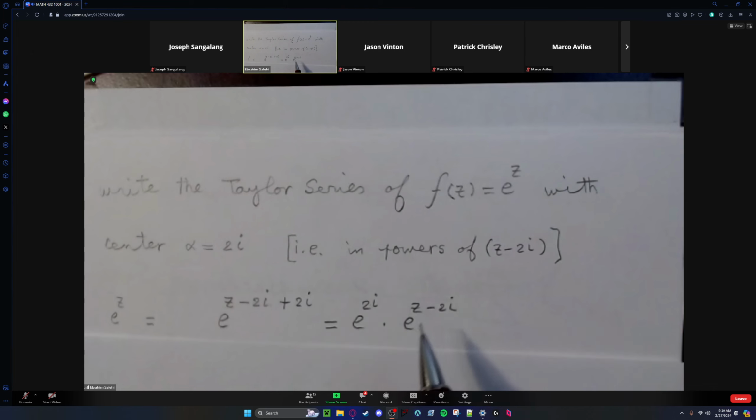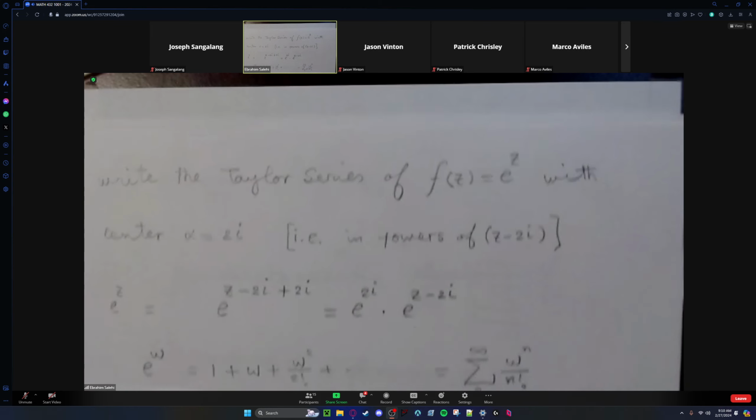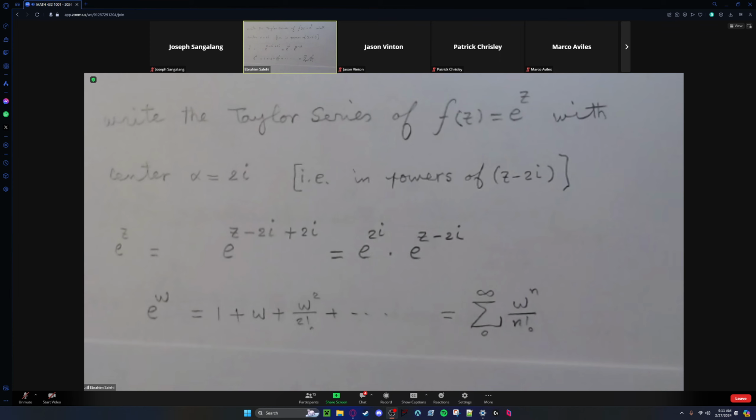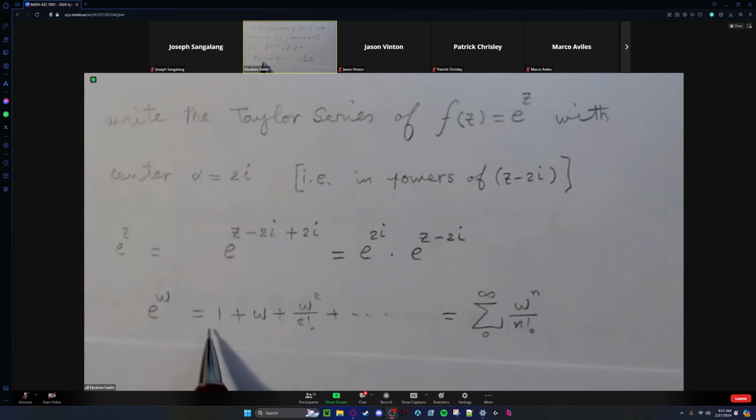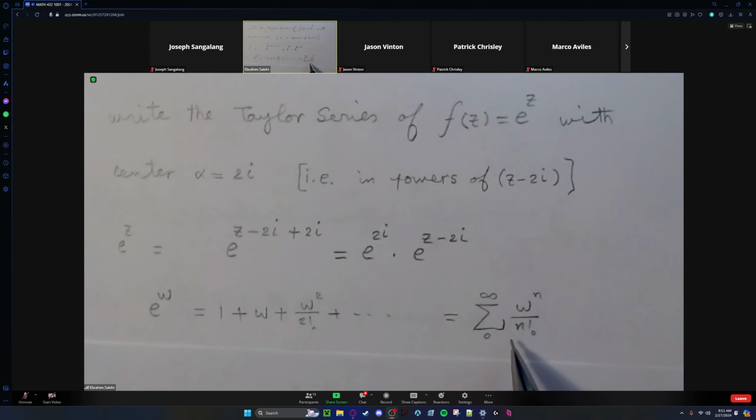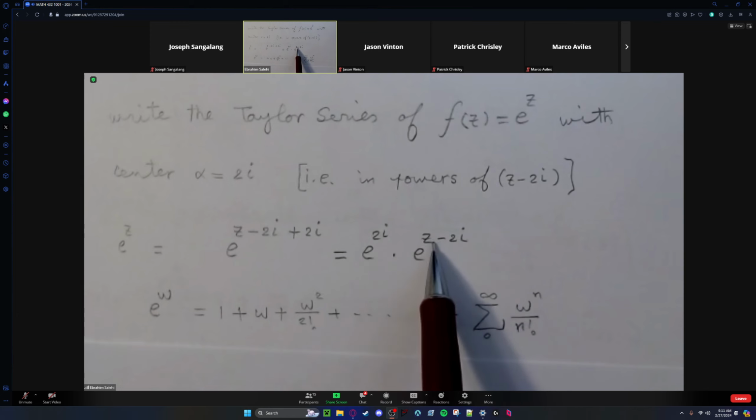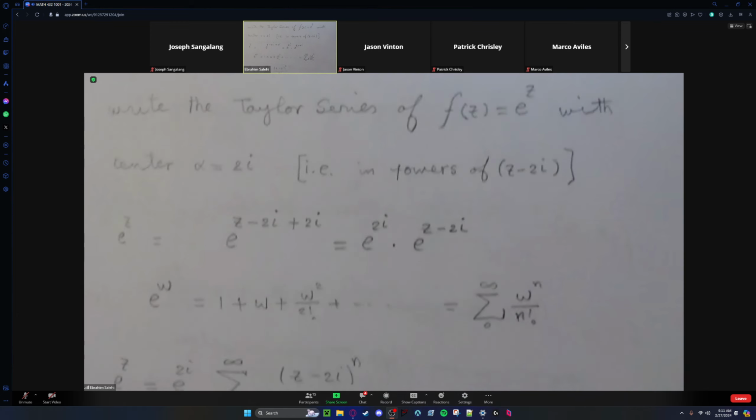But here, I know that e to the w is this, and this is good for all values of w, right? This power series converges because e to the z is an entire function. Same thing for sine z and cosine z. So replace w by z minus 2i. You will get this one.